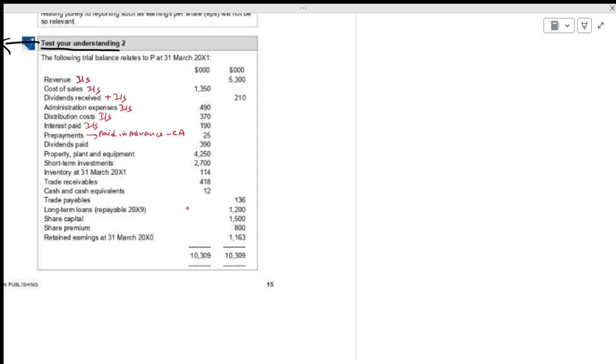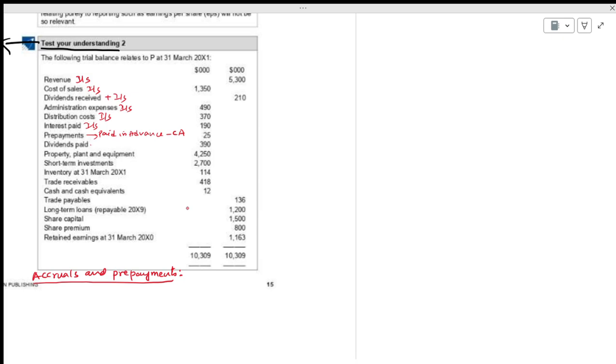Next month's expense you paid now. Next month it will be an expense, but this month it is an asset. This comes in accruals and prepayments. I will explain it in detail at some point. Any prepayments, current assets.